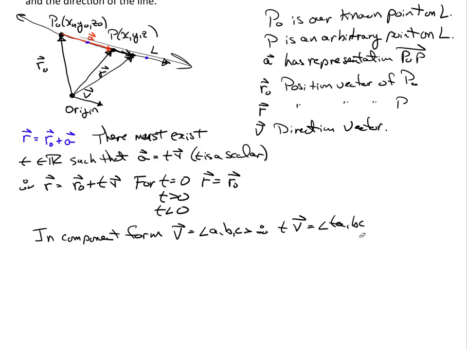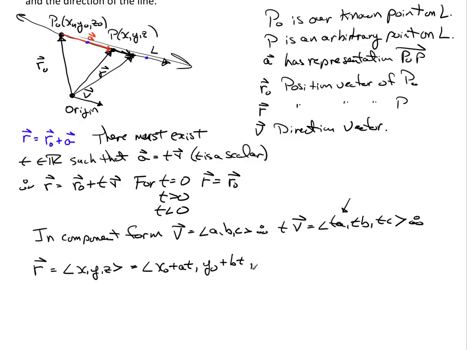Therefore, I can write vector r as (x, y, z), which is equal to (x naught plus at, y naught plus bt, and z naught plus ct), of course for t being a real number.